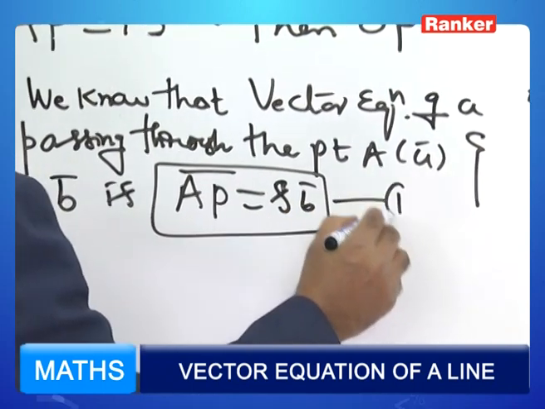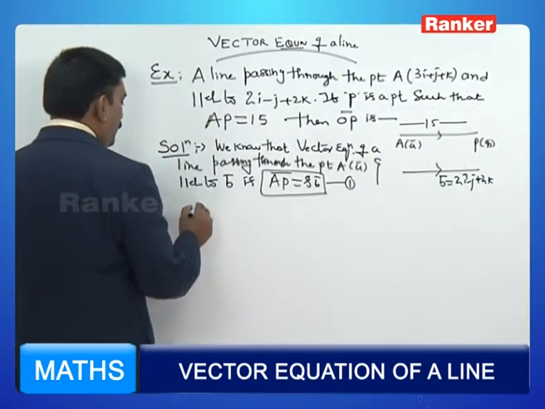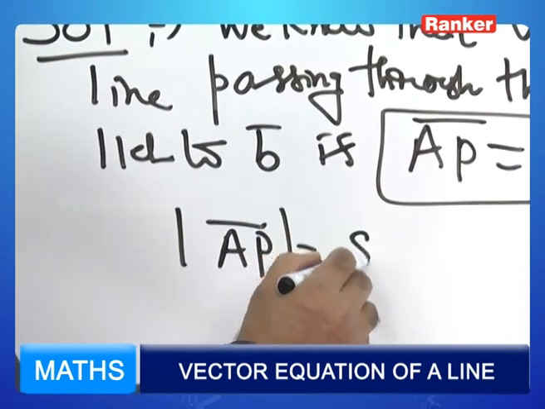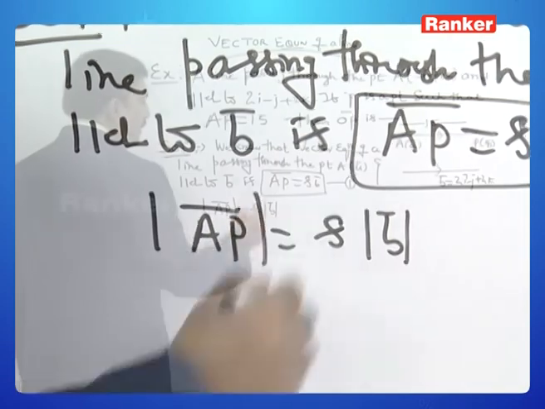I take this as equation 1. Now take the modulus on both sides: modulus of AP bar is equal to s into modulus of B bar. You have nothing to do with the modulus for a scalar.